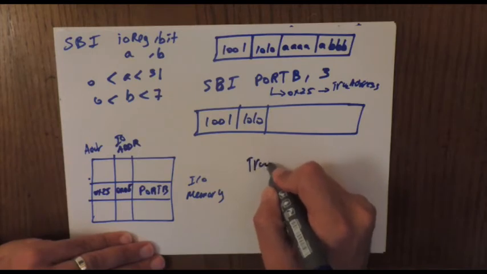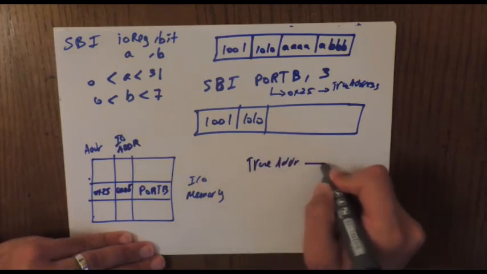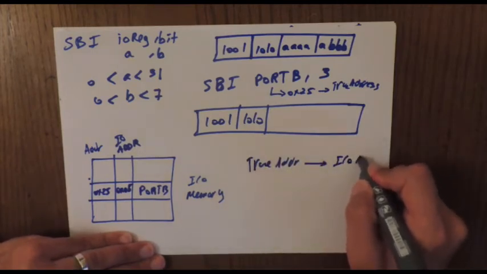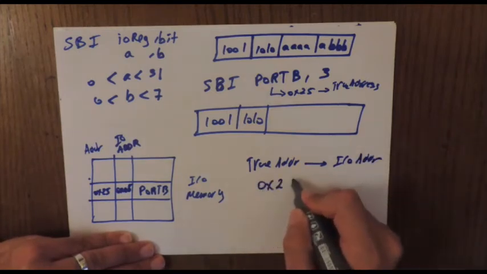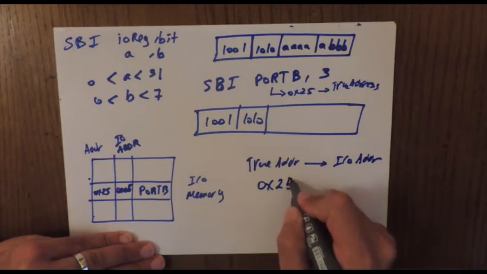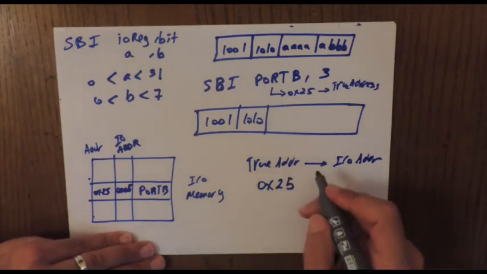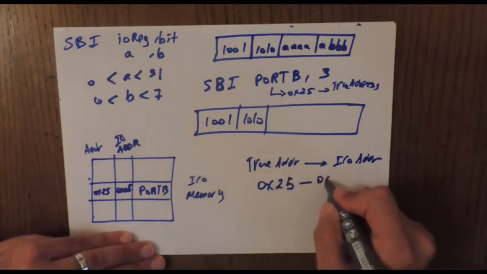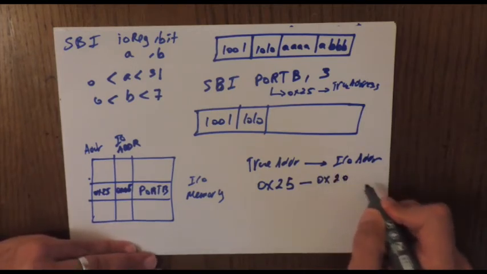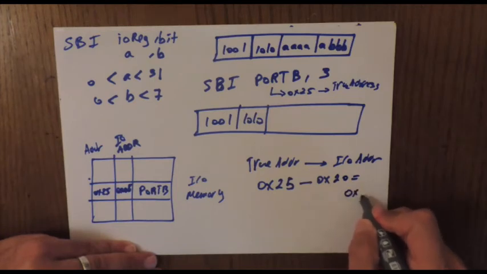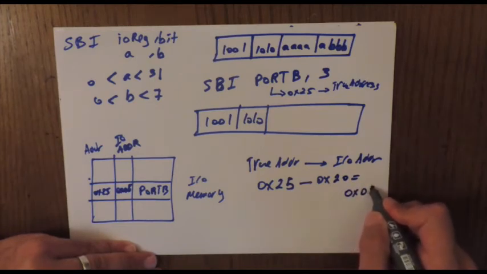to IO address, what we need to do is subtract from 0x25 the value 0x20, and we will have 0x05.